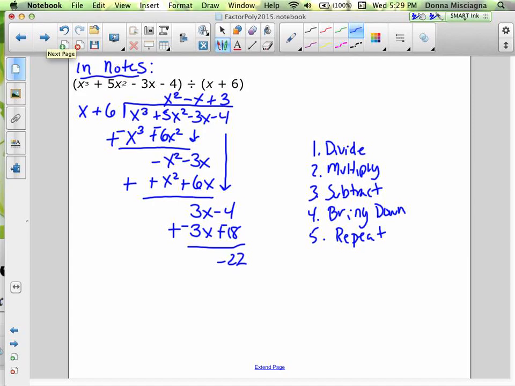Right? So since there's a remainder, x plus 6 is not a factor of x cubed plus 5x squared minus 3x minus 4.